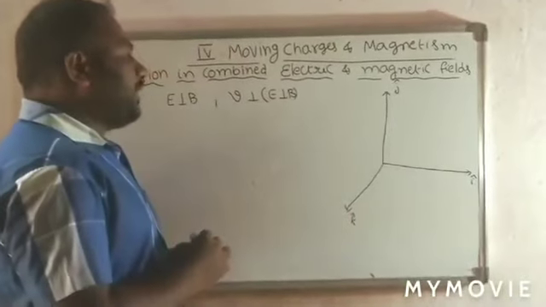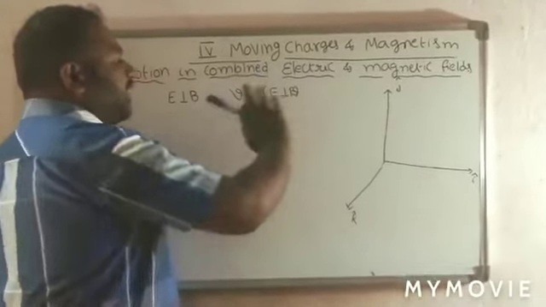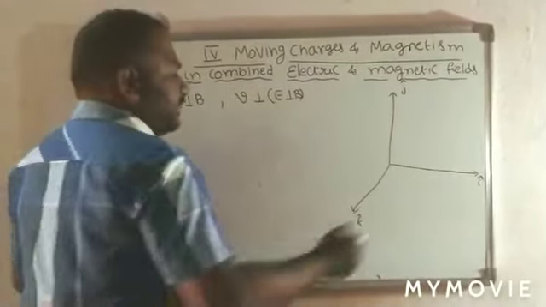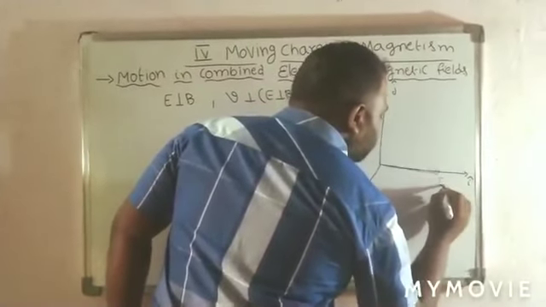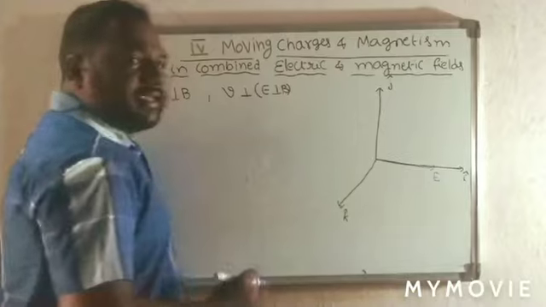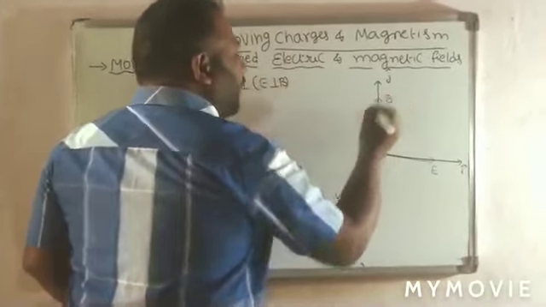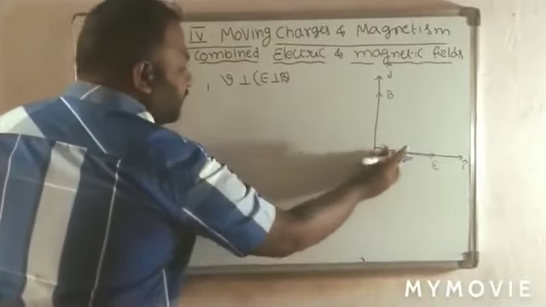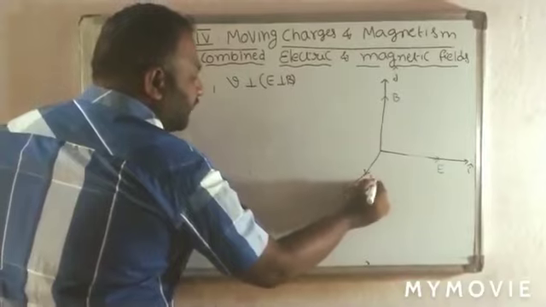Now we are assuming that velocity, electric field and magnetic field are all perpendicular to each other. So I take the electric field on the x axis, the magnetic field on the y axis, and the velocity vector of the charged particle on the z axis.